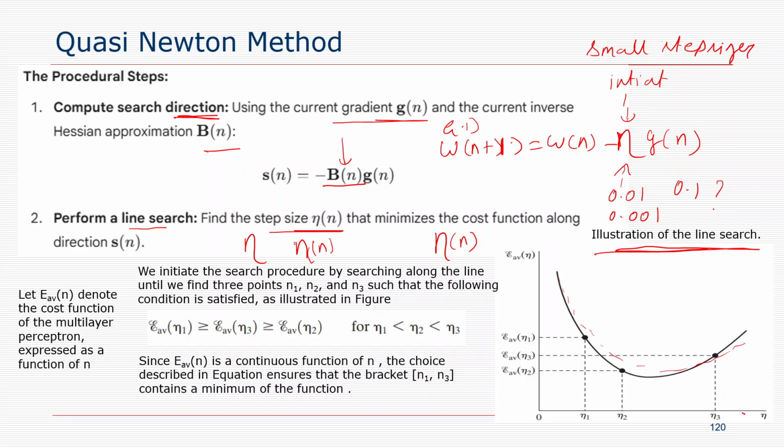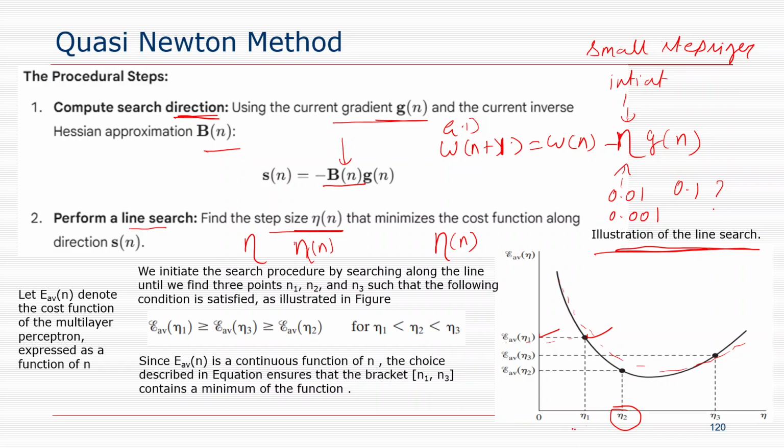The x-axis is the learning rate eta, and the y-axis is the error. Say we started with eta 1, then our error will be this point. Say the next value was eta 3, then my error will be this point. If I had chosen eta 2, my error will be this one.